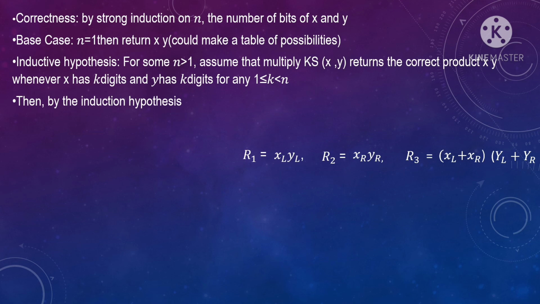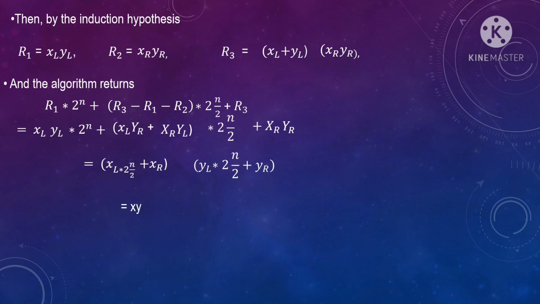R1 is equal to XL YL. R2 is equal to XR YR. R3 is equal to (XL plus XR) times (YL plus YR). Then, by the induction hypothesis, R1 is equal to XL YL, R2 is equal to XR YR, and R3 is equal to (XL plus XR)(YL plus YR).